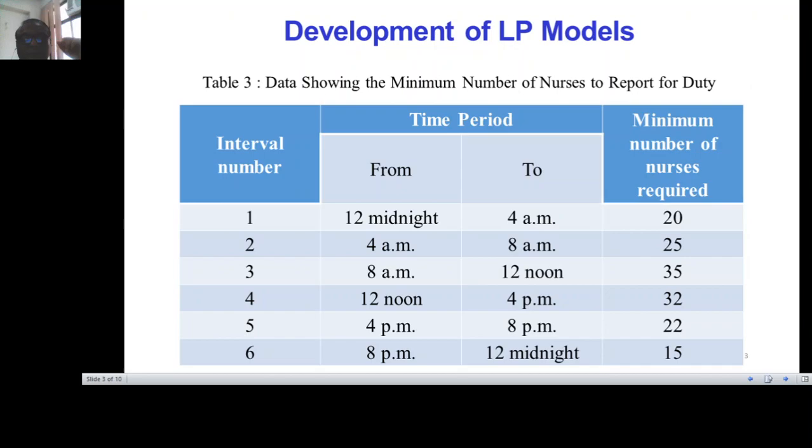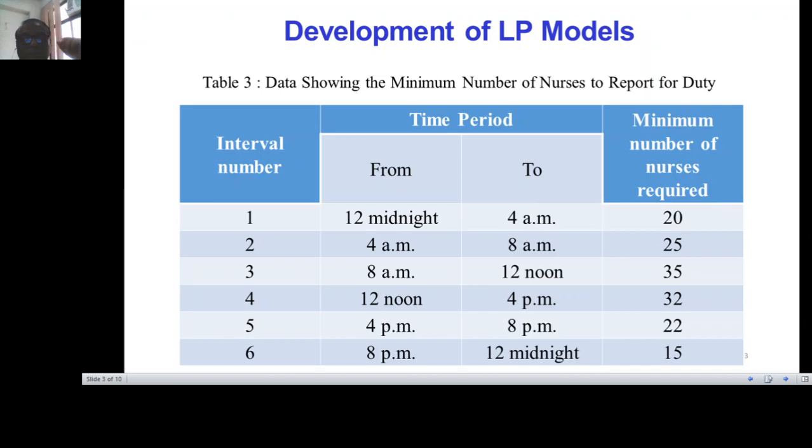So, you try to understand from this point: whosoever arrives at 12 midnight, she will stay for 8 hours, duty is 8 hours, so she will stay up to 8 am. Those who have arrived at 8 pm, they will stay up to 4 am.